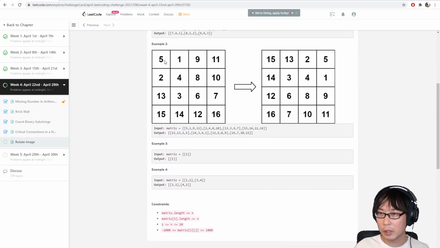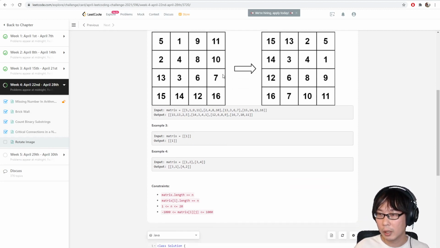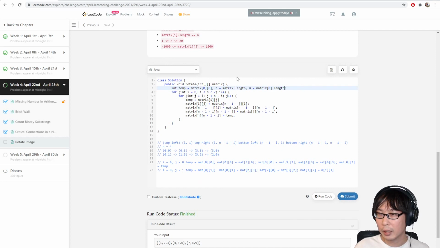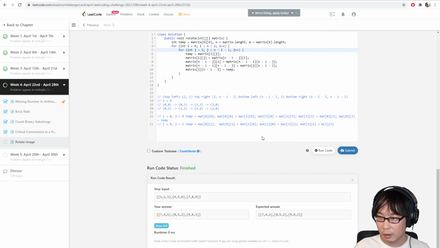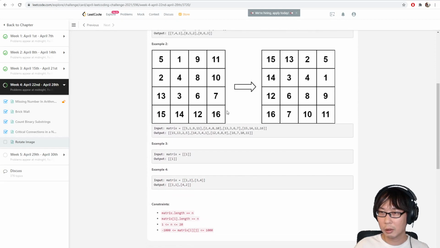For the first row, j should be equals to 0, 1, 2, not 3. Right? So why am I stopping at this? So maybe, oh god. This time it looks okay.